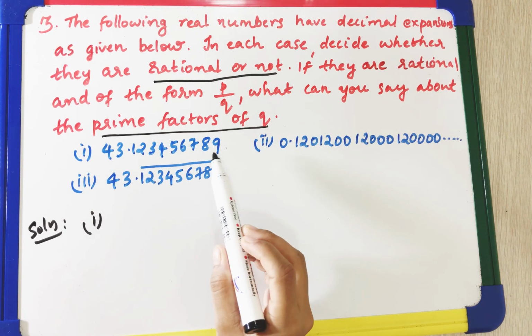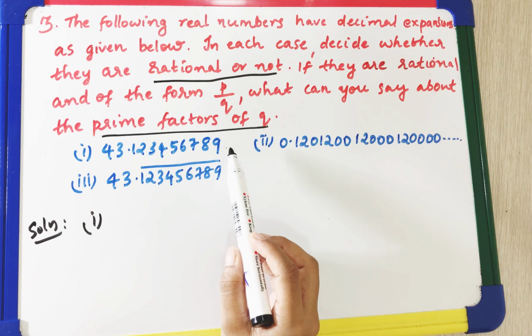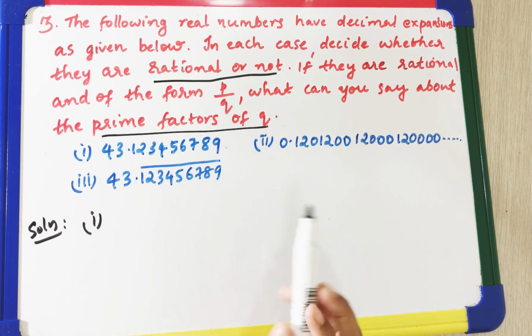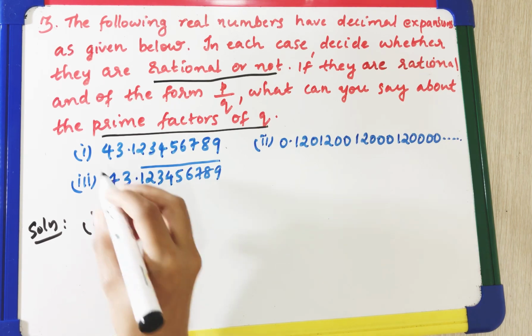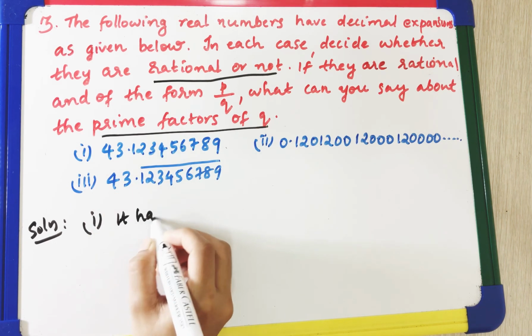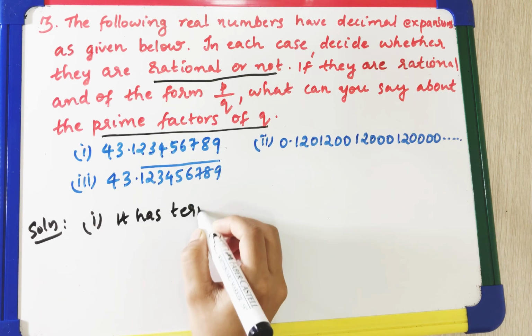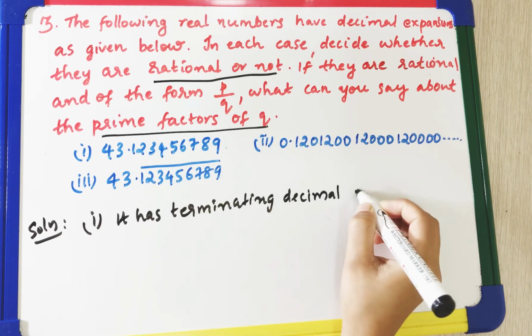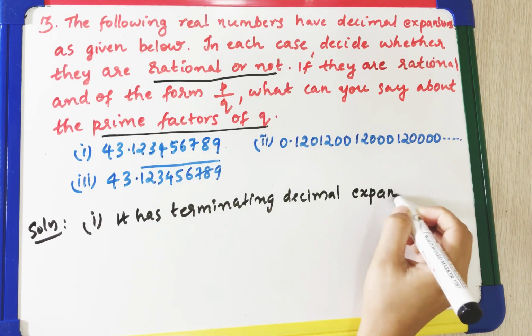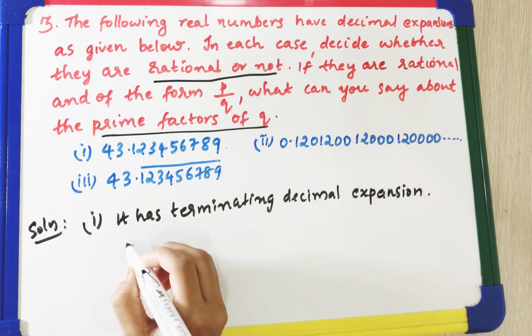See the first one, it is a terminating decimal expansion. So this is a rational number. Therefore, it is a rational number.